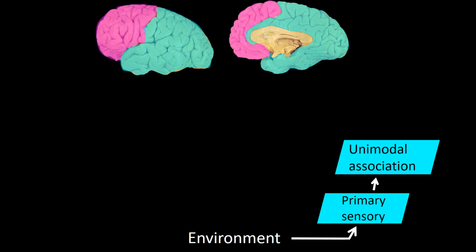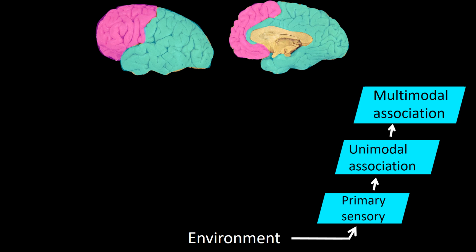Then the unimodal association area passes the processed information to the multimodal area, also called the heteromodal area or the polymodal area. At the multimodal association cortex, the information is interpreted in the context of other sensory modalities and experiences.